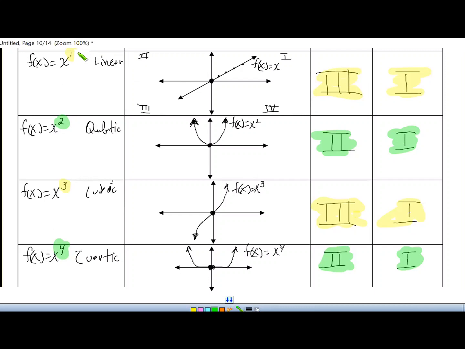Let me repeat that again. Odd number exponents, their graph starts in quadrant 3 and ends in 1. Make a note for yourself. I'm not going to write it on the screen. You write it on your own paper. So if that's true for odd number exponents that start in quadrant 3 and end in 1, what would be the other note that you would write? Octavio.